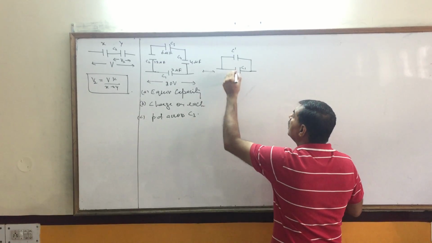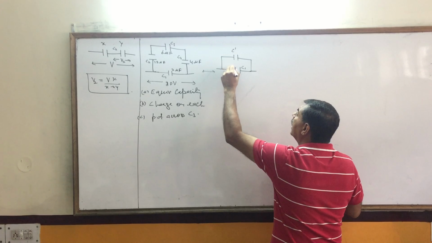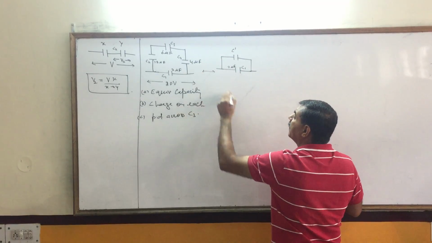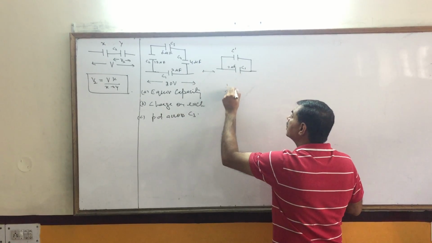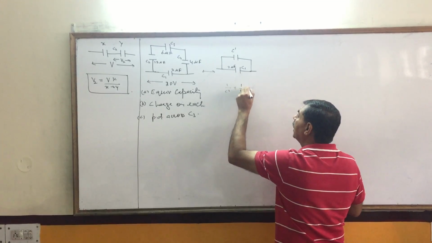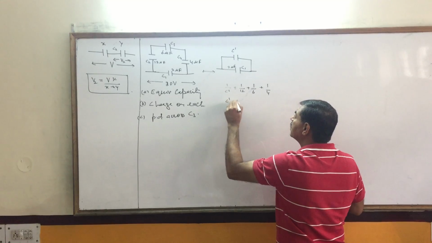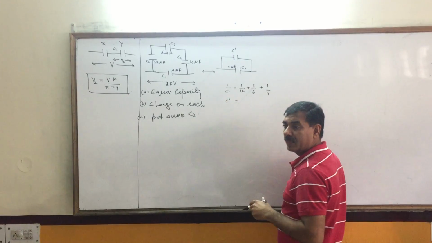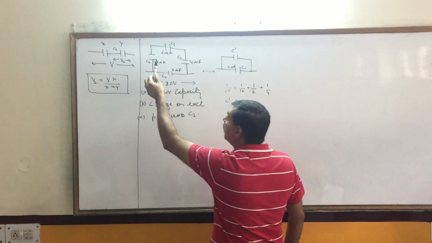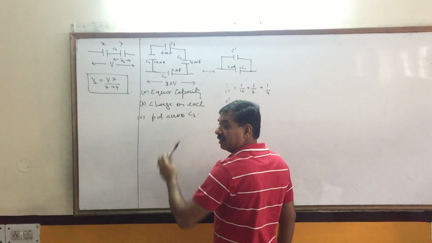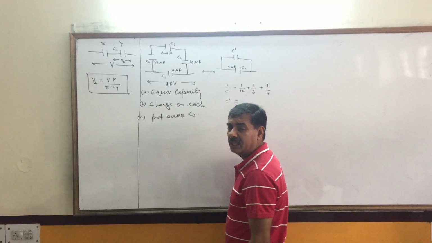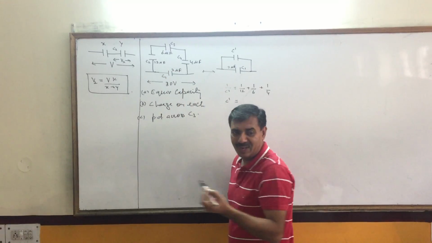This is definitely C1 and this is definitely C dash, where C dash is the series equivalent of C2, C3 and C4. So C1 is definitely 2 microfarads and C dash we know that 1 by C dash is 1 by 12 plus 1 by 6 plus 1 by 4. 12, 6, 4: LCM 72. 72 by 18 is 4, and 4 and 4 is definitely 2.